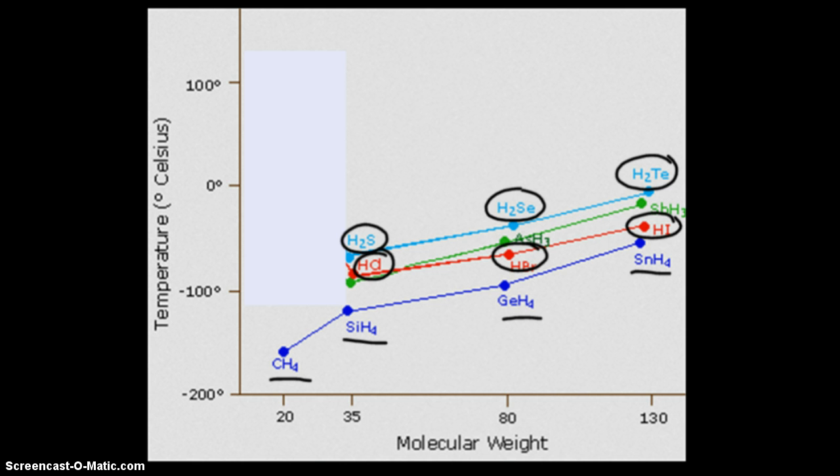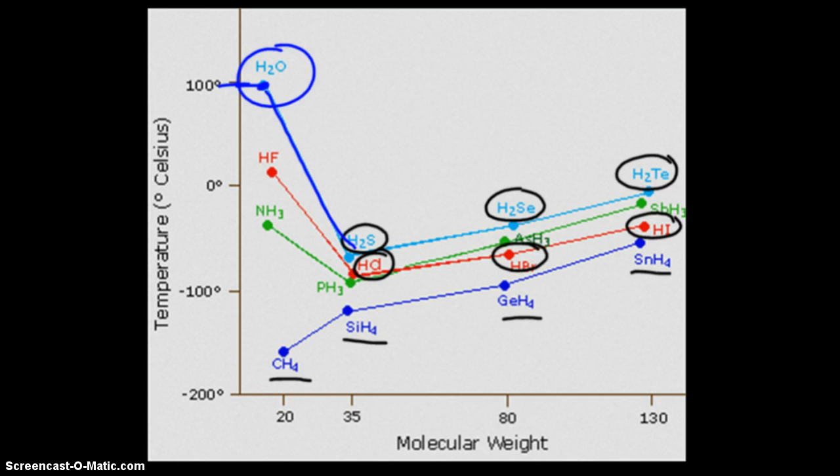What I have covered up, though, is, ta-da, the effect of hydrogen bonding. Water forms hydrogen bonds and has a crazy boiling point of 100 degrees Celsius. Then, when hydrogen bonds with sulfur, there's a sudden drop in that boiling point temperature because we no longer can form hydrogen bonds. Same thing, hydrogen fluoride can form hydrogen bonds, hydrogen chloride cannot, ammonia can, PH3 cannot.